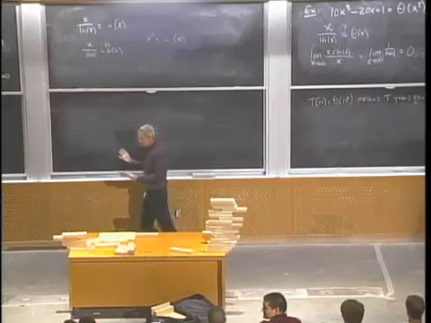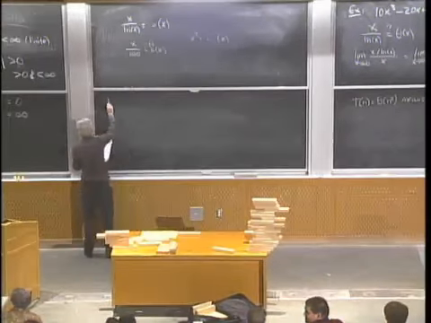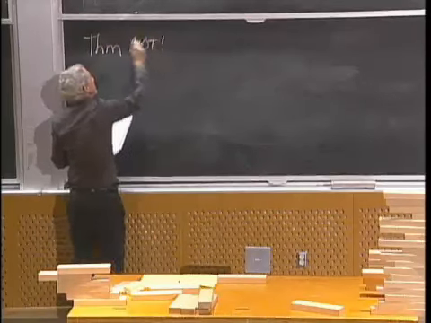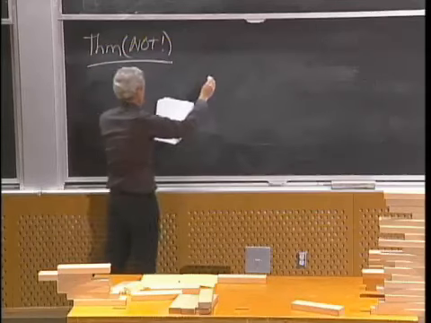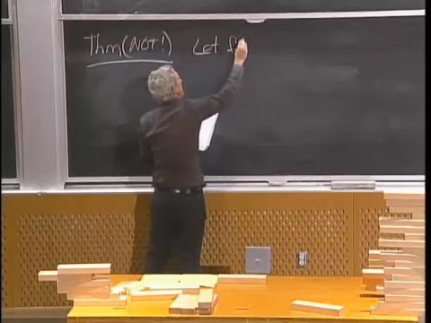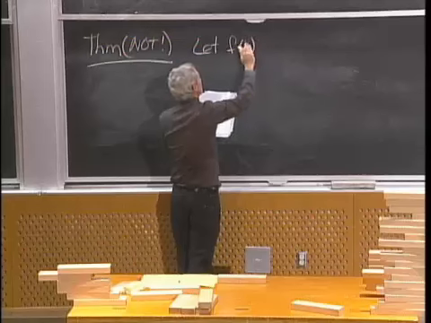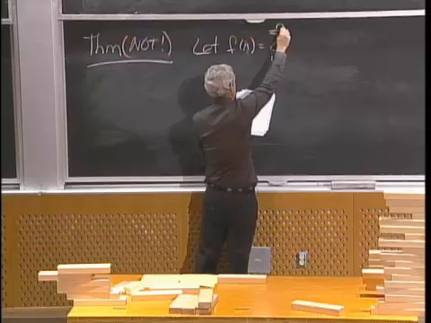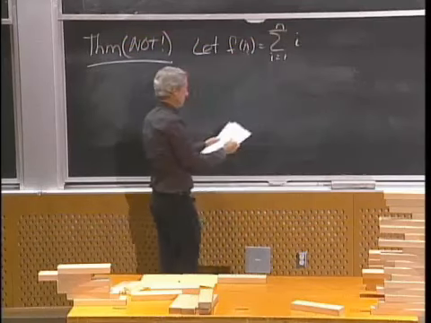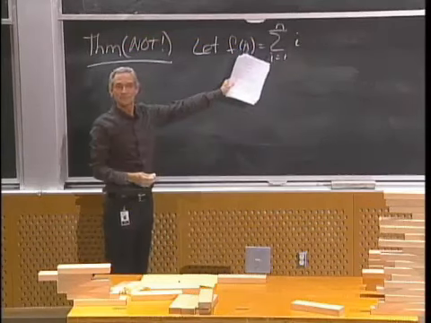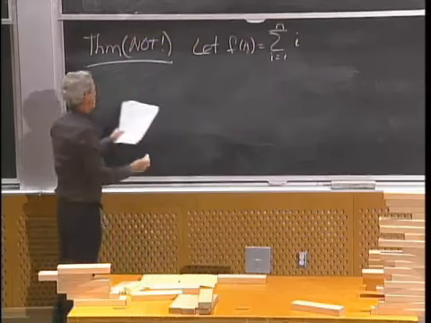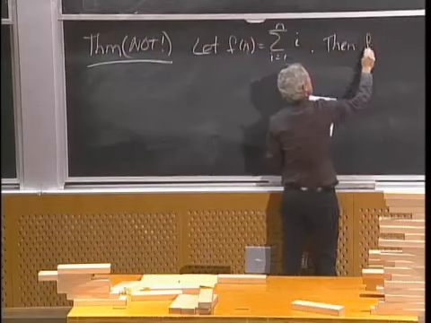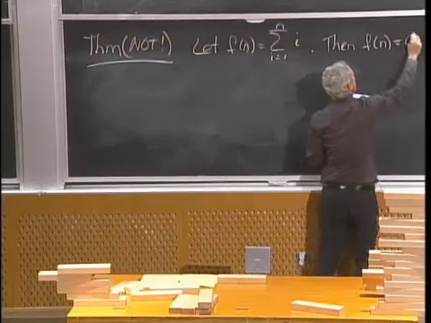It will confuse you, which is why sometimes we worry about showing you, but let f of n equal the sum from i equals 1 to n of i. Now we all know what that is, right? All right. So I'm going to prove to you that f of n is O of n.